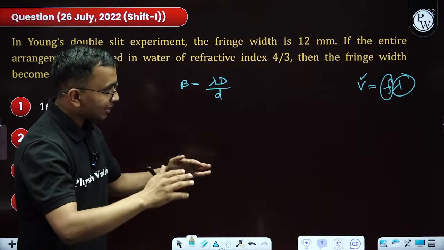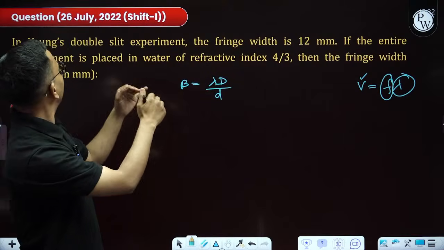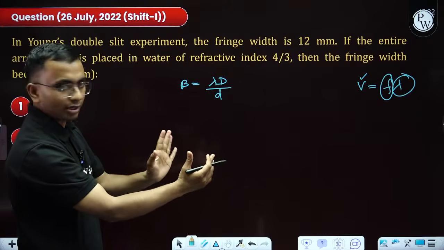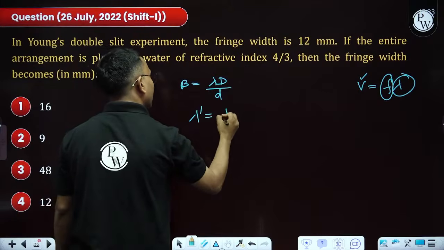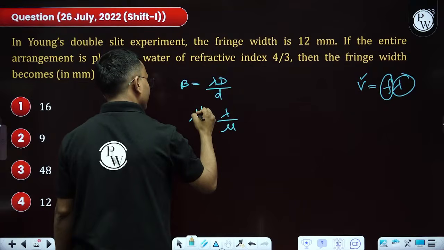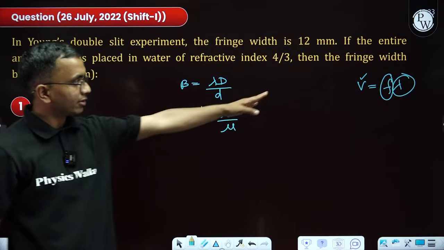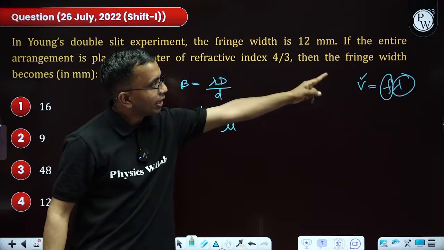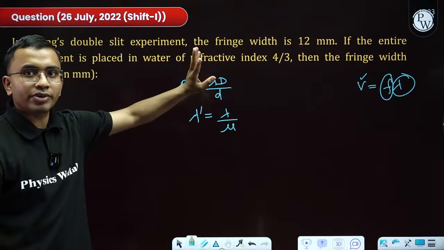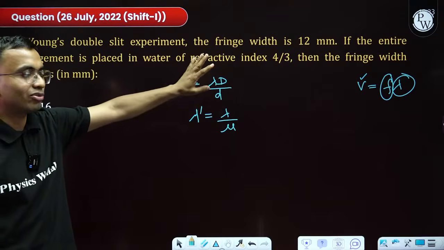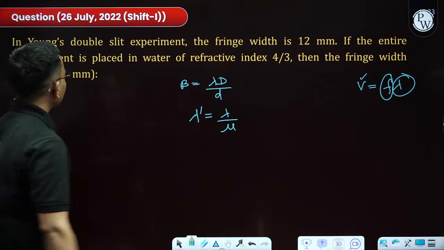So when my setup goes inside the liquid, what will be the wavelength? Lambda dash will be lambda divided by mu. You can relate this with V1 by V2 is equal to lambda 1 by lambda 2. From there you can write lambda 2 as lambda 1 divided by mu.